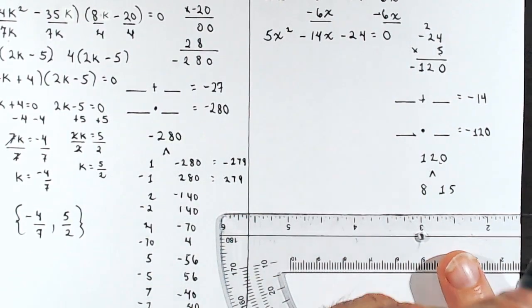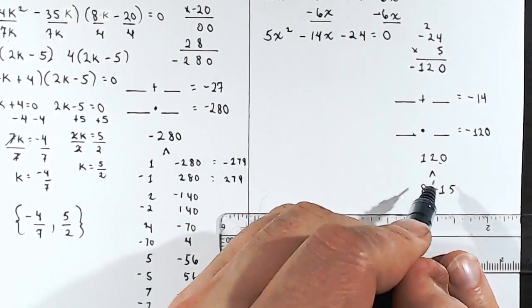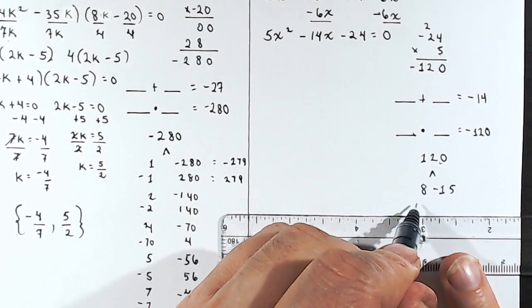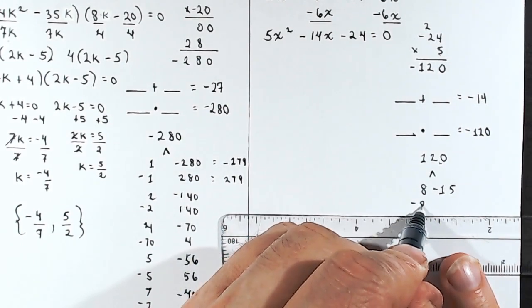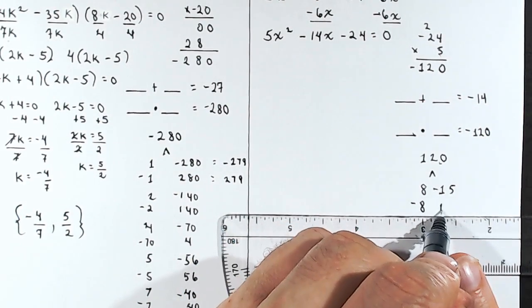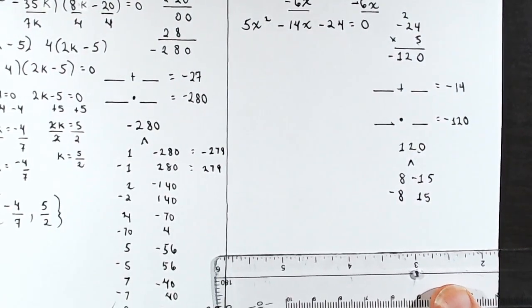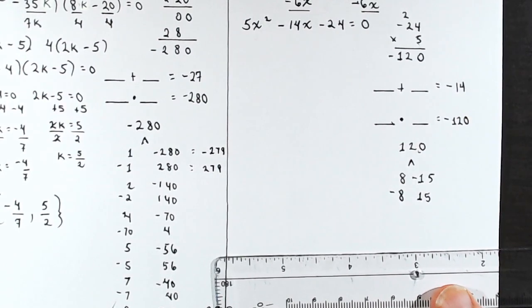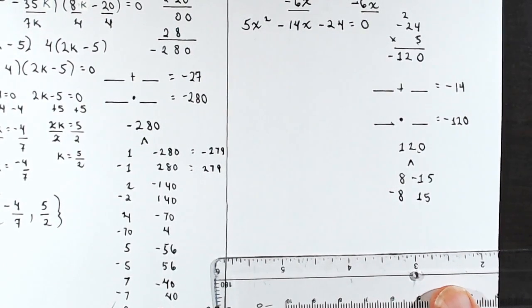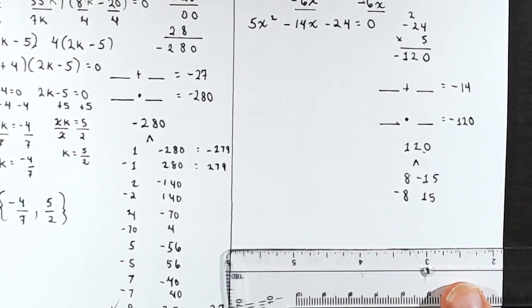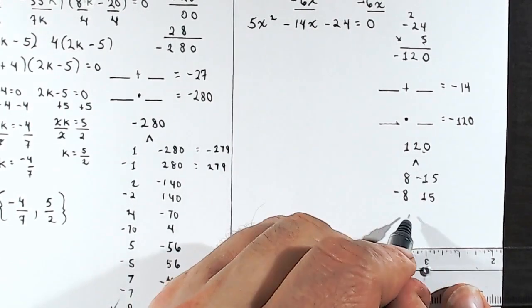It goes in 5 times, so we could do 8 times negative 15, and that'll equal negative 120, and we could also do negative 8 times positive 15, and that would also equal negative 120. But do they add to equal negative 14? No. We actually might have overshot the mark here. Let's try 6.